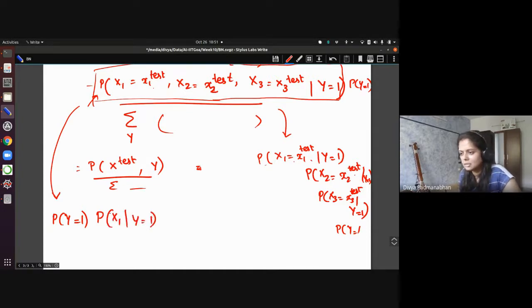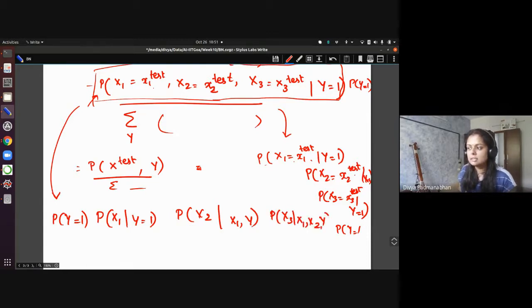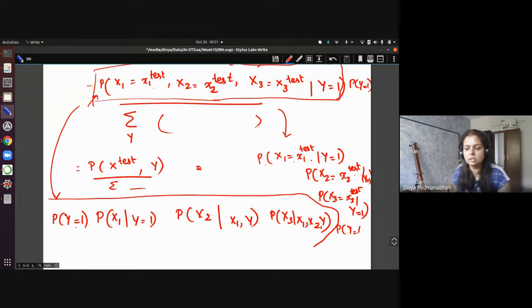I'm just writing this as x1 for shorthand; what this means is x1 equal to x1 test given this. Then you could write x2 given x1 and y, then probability of x3 given x1, x2, y. This is also another possibility to write this joint probability. So why didn't we do that and go for something like this?